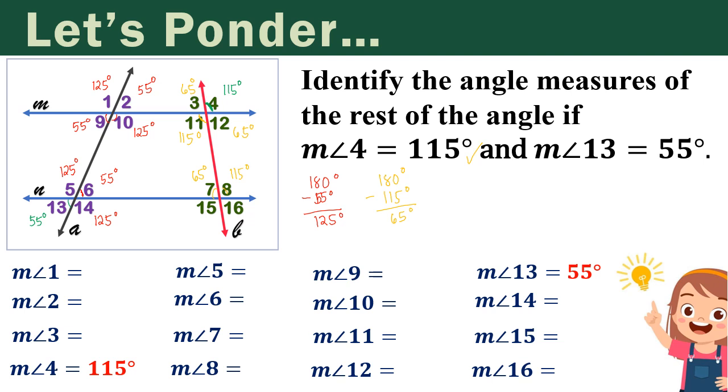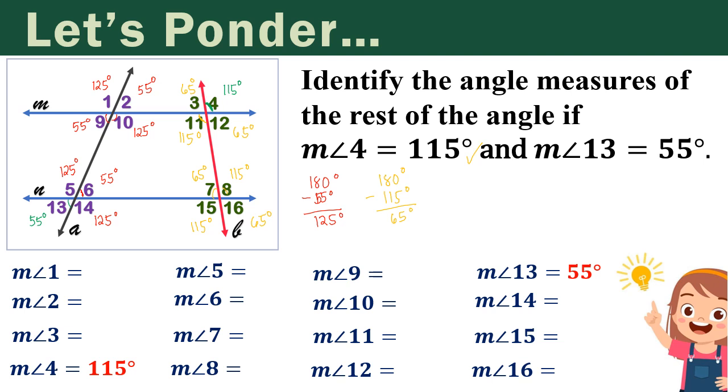And to continue, angle 15 is considered a vertical angle with angle 8. So it's gonna be 115 degrees, while angle 16 should be 65 degrees. So angle 7 and angle 16 are considered vertical angles, thus they have the same angle measure. Now we're done already for the following angle pairs.